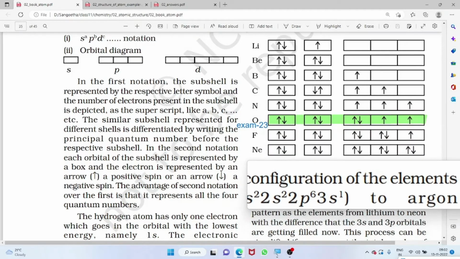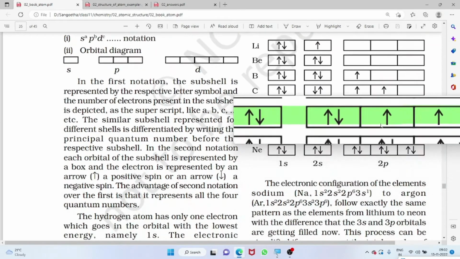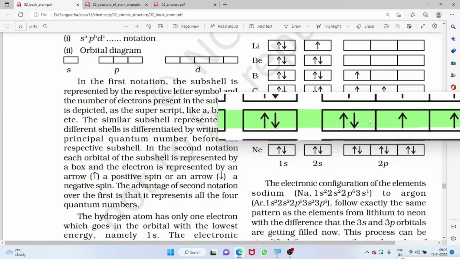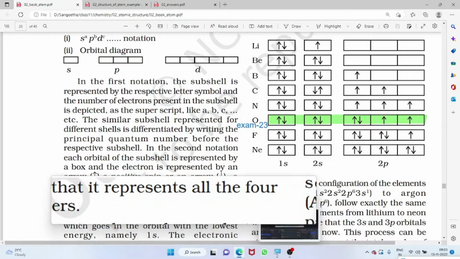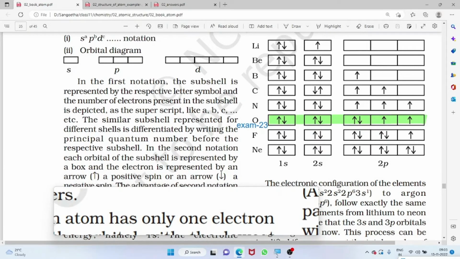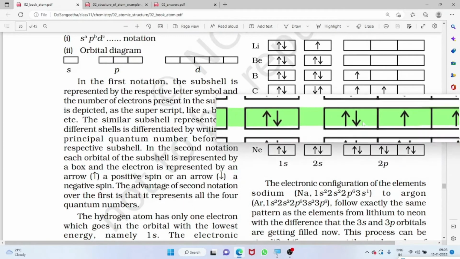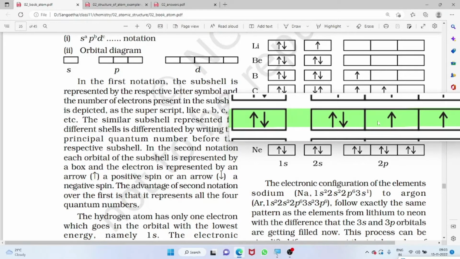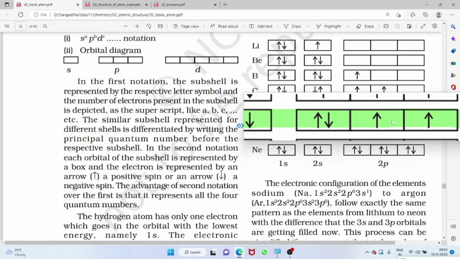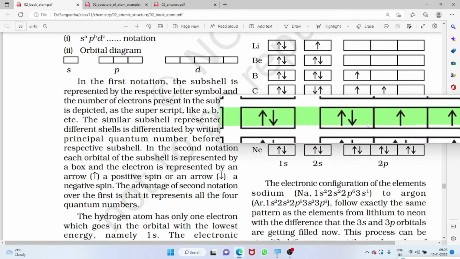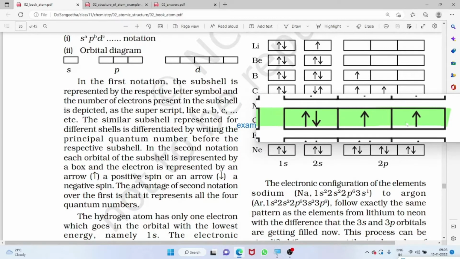You see here, 1s2, 2s2, 2p4. First you have to fill one electron in each orbital with positive spin, then after that the negative spin will come after filling all the orbitals.